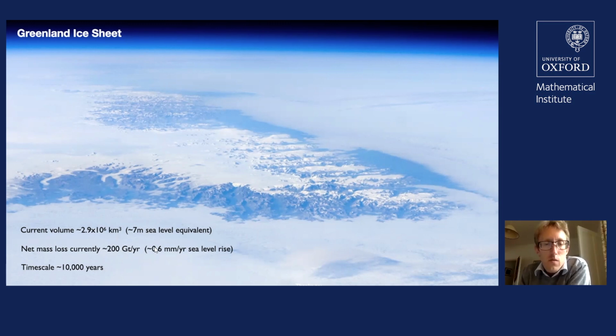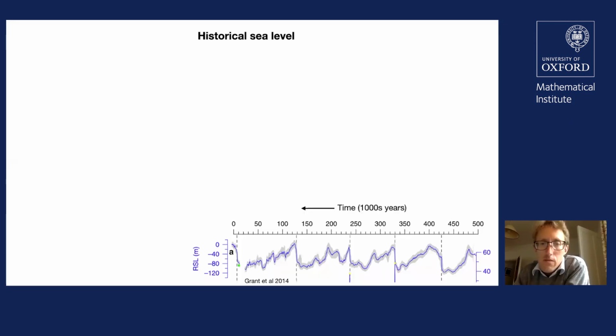But part of the interest here is that recent observations have suggested that the rate at which both of these ice sheets are melting has increased. So there's an interesting question as to how much that will keep happening. If you look back in the past at how sea levels changed, in this diagram time goes from right to left, and what you're looking at here is the ice ages.